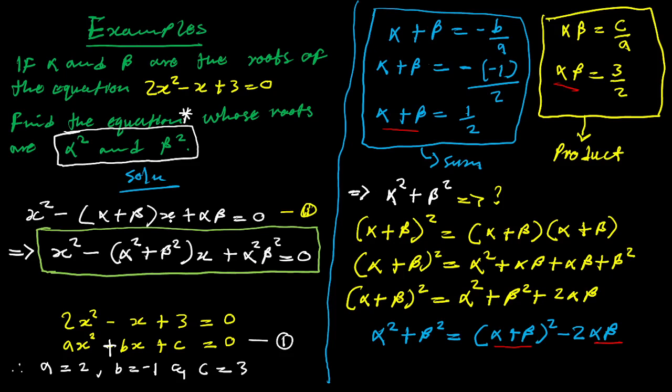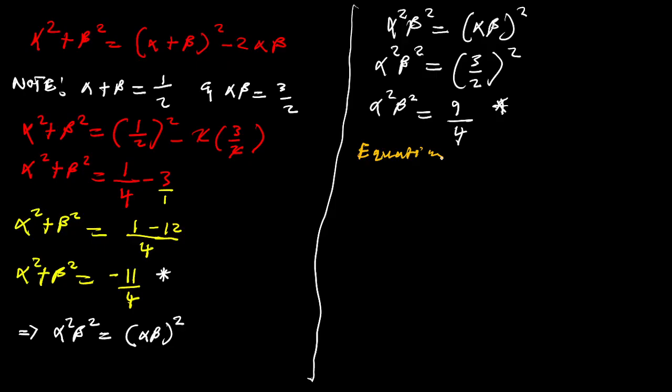Here now I'm responding to the question. The equation is x squared minus open bracket alpha squared plus beta squared close bracket x, and then you're going to put plus alpha squared beta squared is equal to 0. So this is the equation that I need.